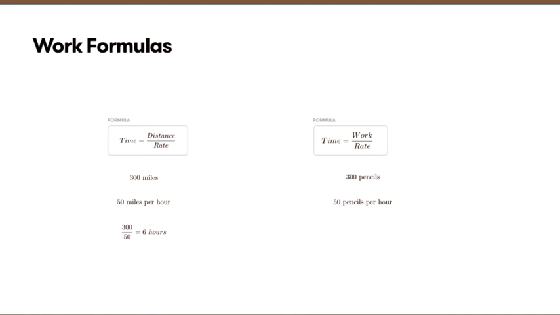Similarly, let's say that Bob produced 300 pencils and that his rate of production was 50 pencils per hour. To determine the time he spent producing these pencils, we'll take his total production of 300 pencils divided by his rate of production, which is 50 pencils per hour, and arrive at a time of production of 6 hours.